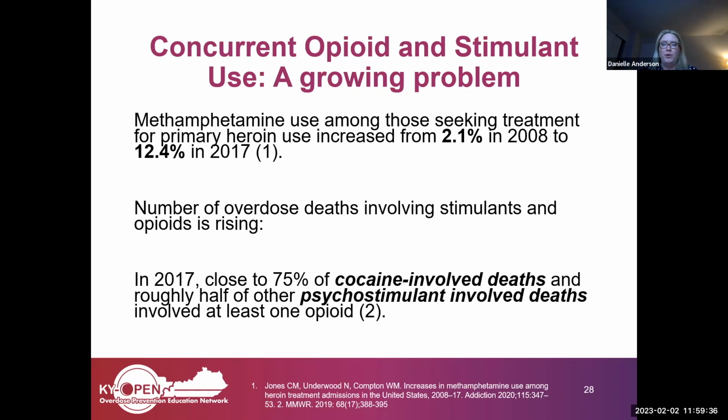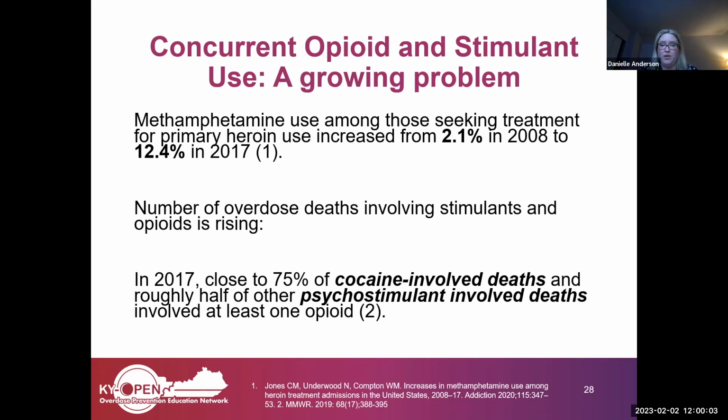So the use of opioids and stimulants, as some of you identified in the chat, is a growing problem. Methamphetamine use among those seeking treatment for primary heroin use increased from 2.1% in 2008 to 12.4% in 2017. So more people who are coming in to be treated for opioid use disorder are also now looking for treatment for methamphetamines.